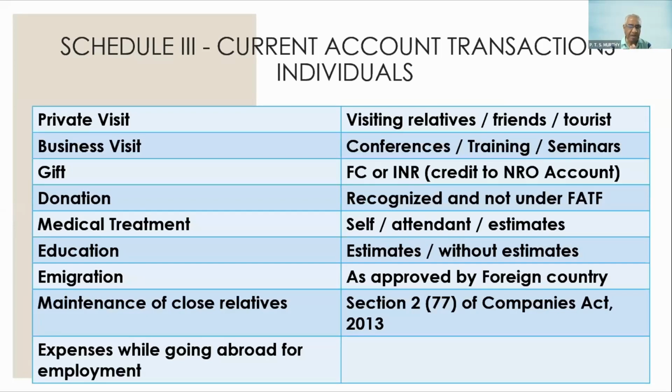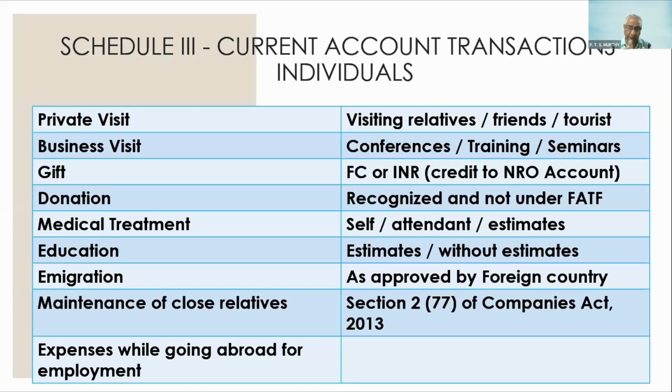Certain capital account transactions can also be done under the LRS scheme, like opening an account in a foreign country, investments in a foreign country, acquiring property outside the country, investment in ODI. All these can also be covered under the LRS scheme. Again, I'll repeat it because there is no slide for that. Current account transactions you have seen.